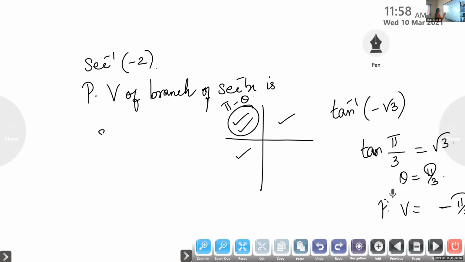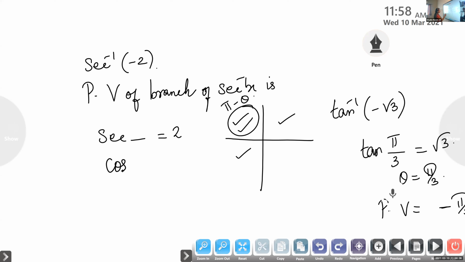Now you check for sec of dash is 2, which value will you get? Srihari. Pi by? Yes, Srihari. Sec of dash is 2. What about cos? Sec is the reciprocal of cos, isn't it?